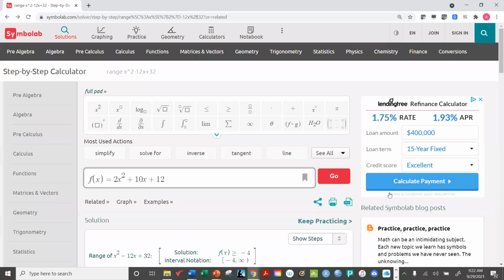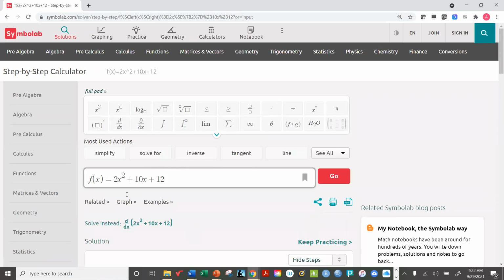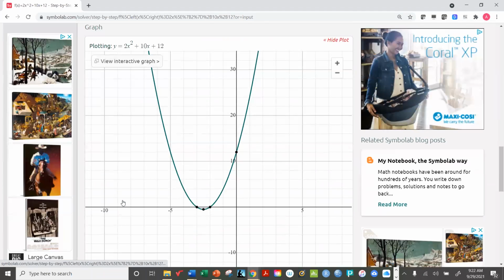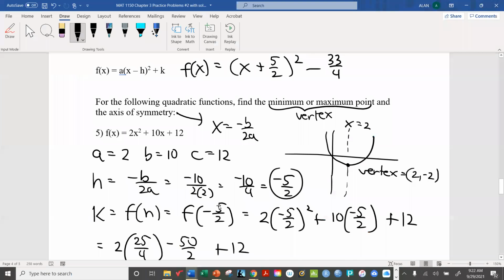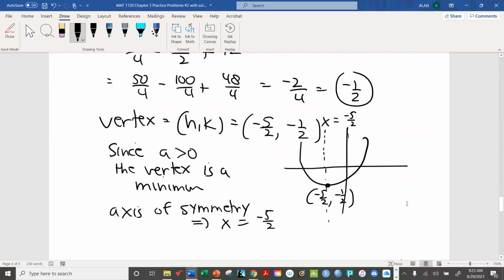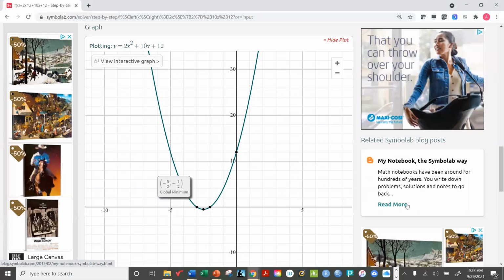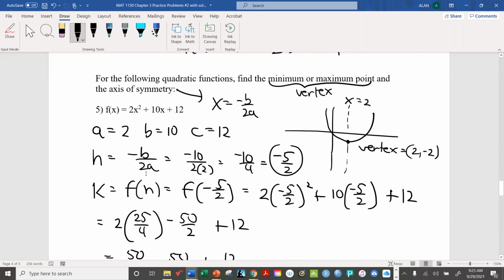All right. Right there, -5/2, -1/2. And that's exactly it, although the way I drew it, it's a little exaggerated how far down it came. But still, that's what it looks like. All right. Now, obviously the others are exactly the same. So let's do the rest of them.